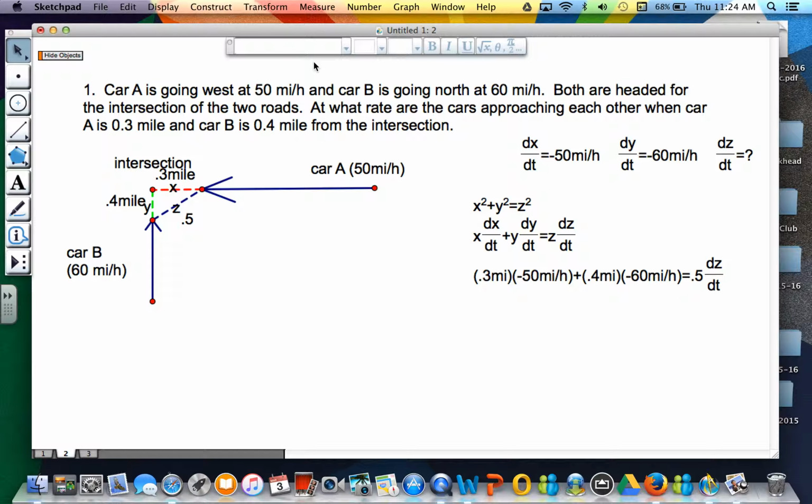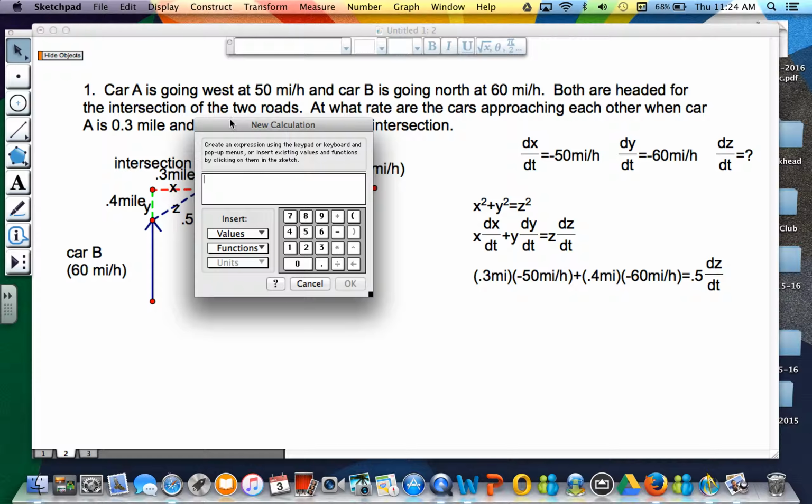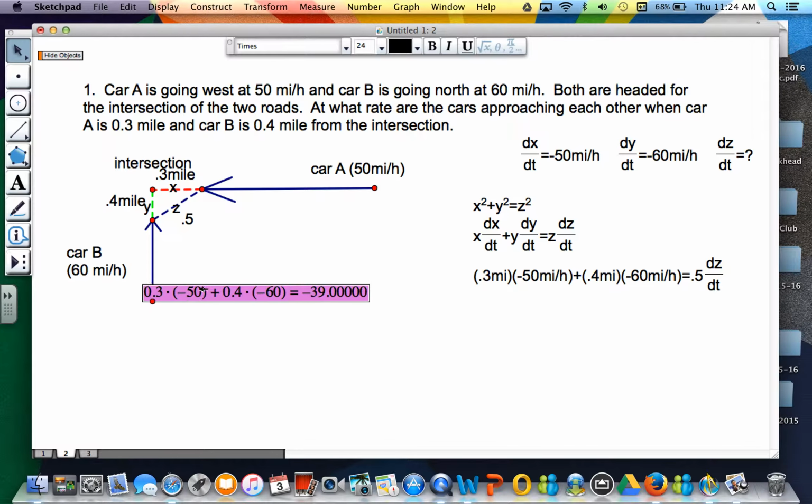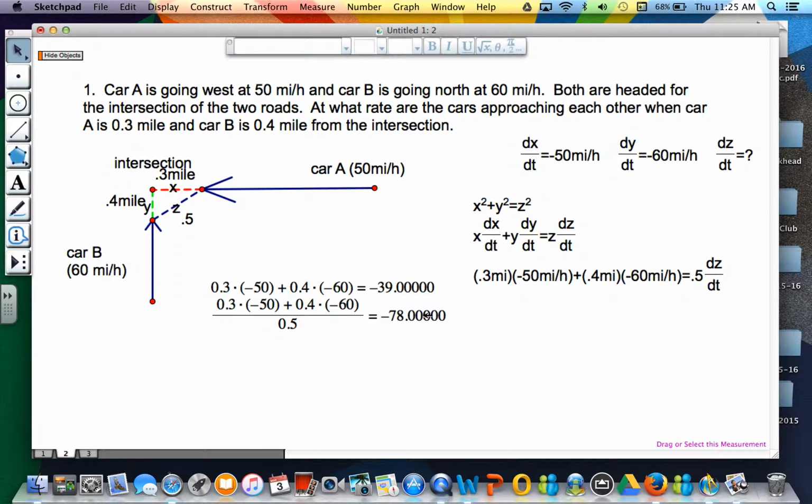Now, I'm getting nervous, so I'm just going to go to my calculator. I can take 0.3 times negative 50 plus 0.4 times negative 60, take that answer and divide it by 0.5, and I get negative 78.